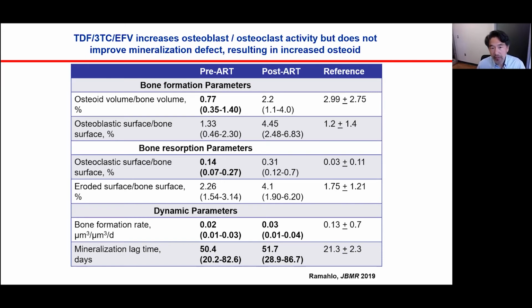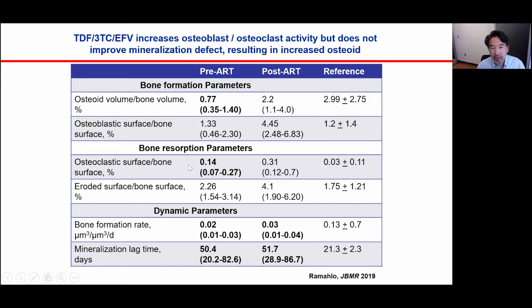Here, in the first column, we are showing the bone biopsies from patients before starting antiretroviral therapy, and in comparison to the reference population, which are HIV uninfected individuals, we see that there's a real difference in the dynamic parameters, the bottom 2 rows, in lower bone formation and higher mineralization lag time. So this really shows that there's a problem just with HIV alone on the osteoblast's function of being able to form bone and mineralize bone.